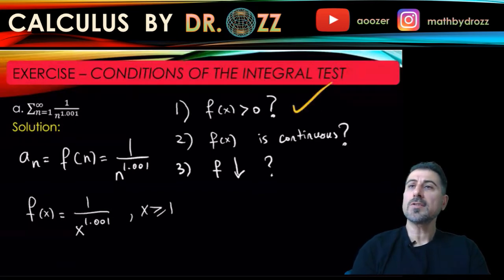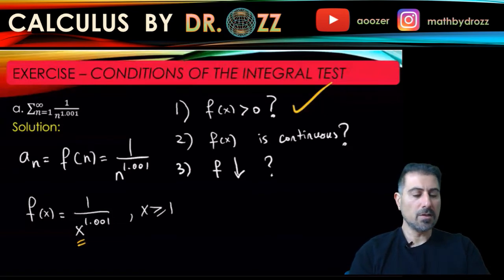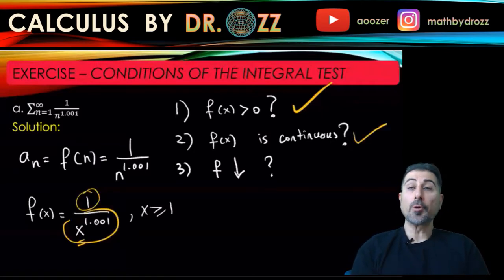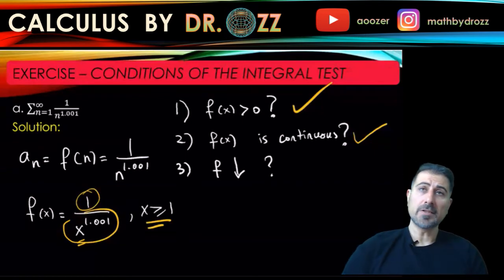And is f continuous? Well, as long as x is not equal to 0, so that you're not dividing by 0, f is continuous. Here f is continuous because 1 is continuous, the bottom is continuous, and the quotient is continuous because x is not allowed to be 0. So we're safe.